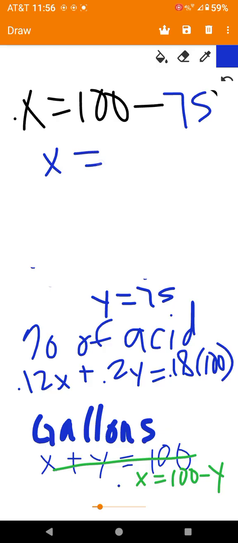So x equals 25. So that means the 12% saline solution, we need 25 gallons, because the 12% saline solution we represented by x. So we need 25 gallons of the 12% saline solution. And of the 20% saline solution, which was represented by y, we need 75 gallons of it.